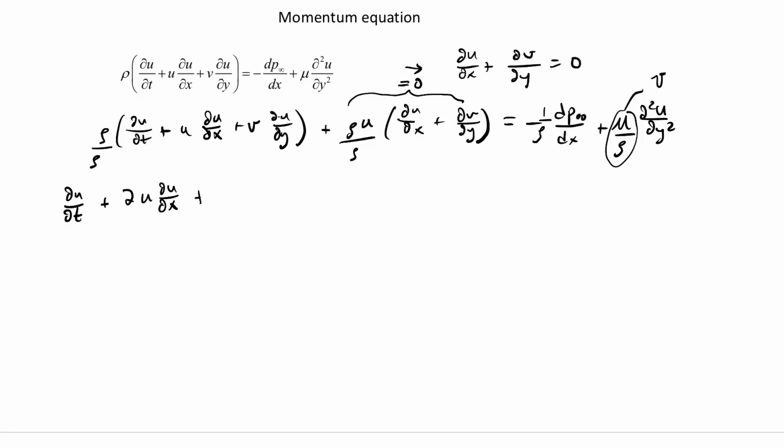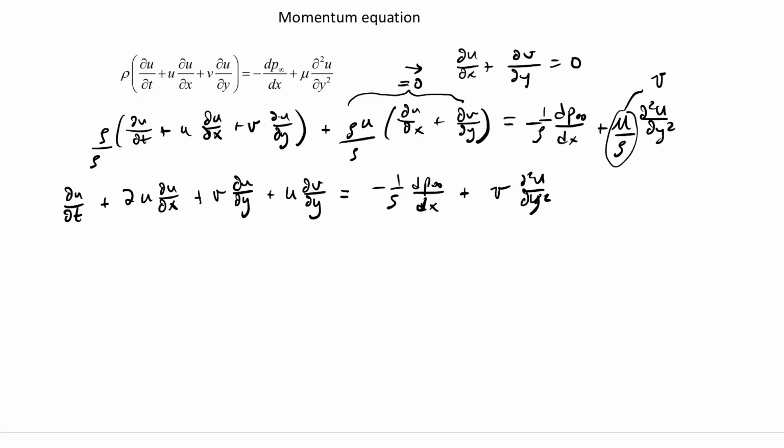And then we have a v du dy plus a u dv dy. And that's equal to minus 1 over rho dp infinity dx plus nu times d squared u dy squared.